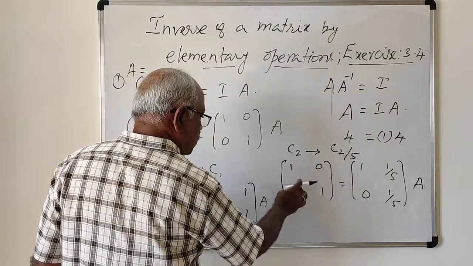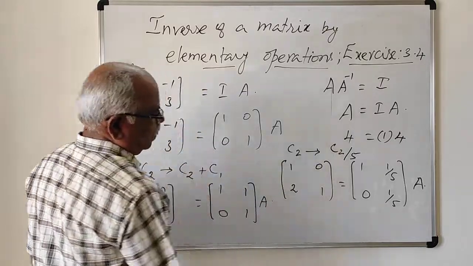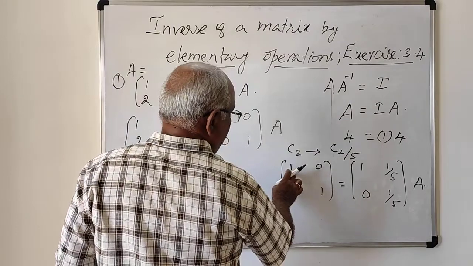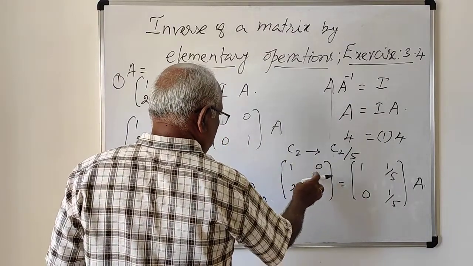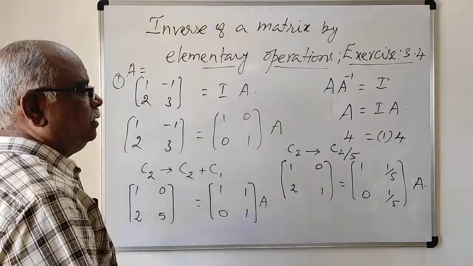We make the first column element 2 into 0. For that, you multiply C2 by 2 and subtract from C1.